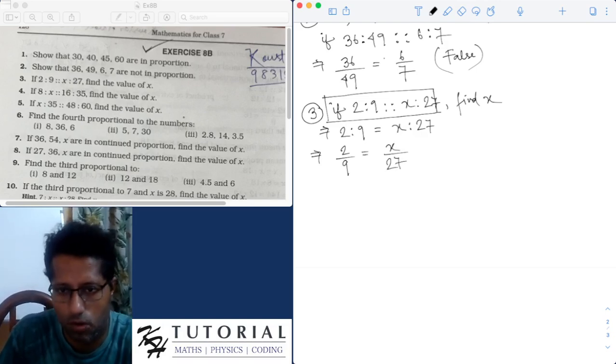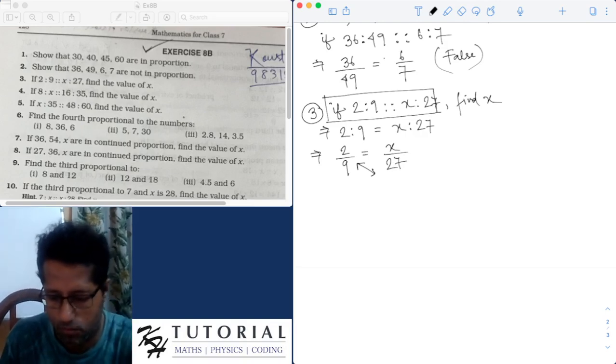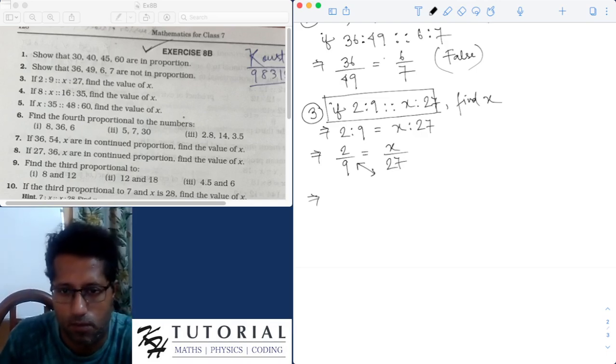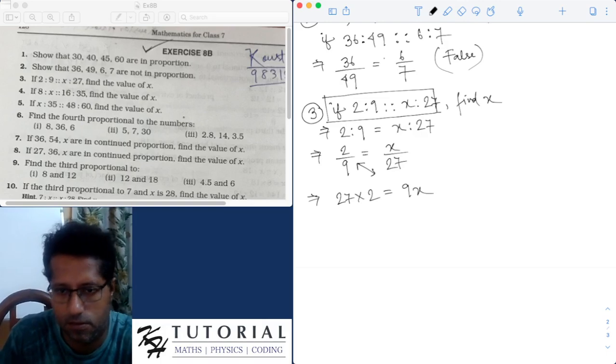Now if we do cross product, this is nothing but equality of two fractions, and we know that from equality of two fractions we can do cross product and equate the products. So 27 into 2 equals 9x, or rather 9x equals 27 into 2.